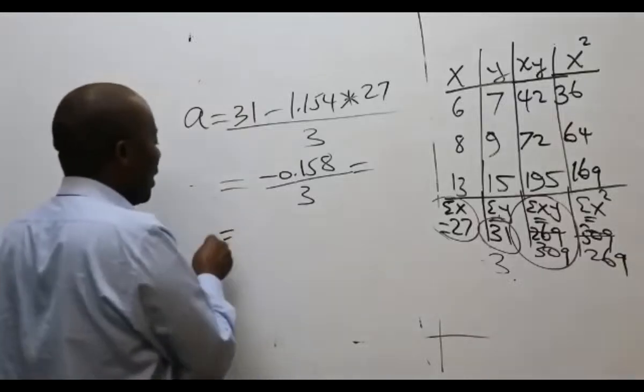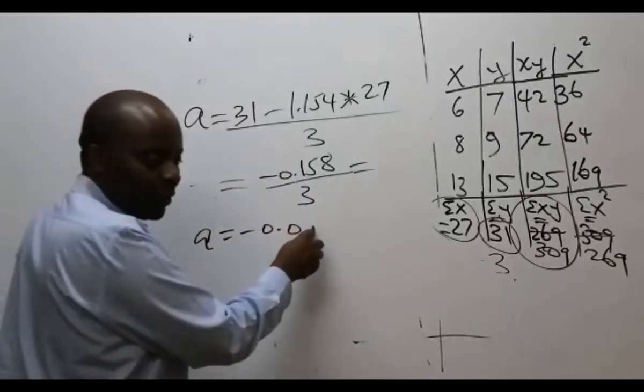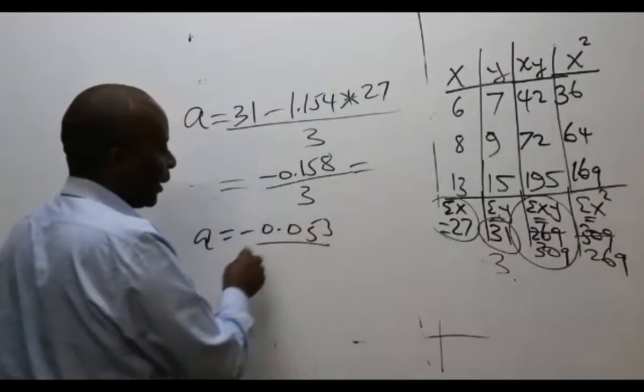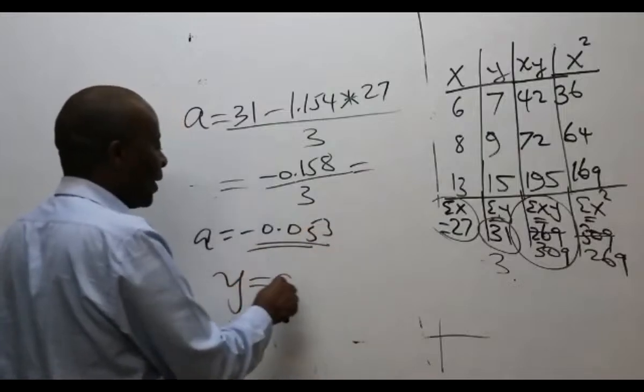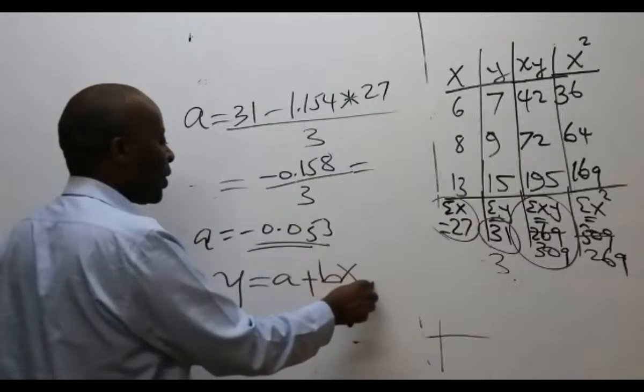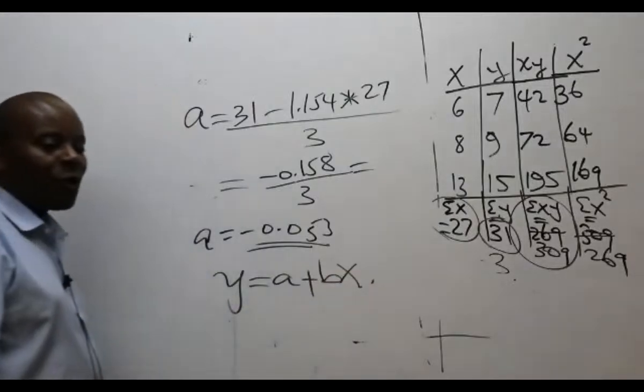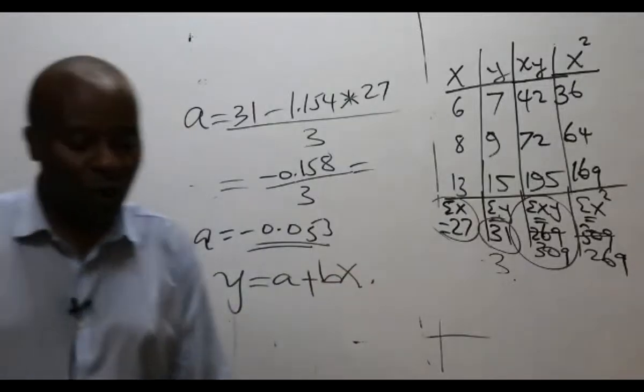They have said that A should be negative 0.053 like that. Therefore, remember, finally, you have the responsibility of writing for us the formula for y.